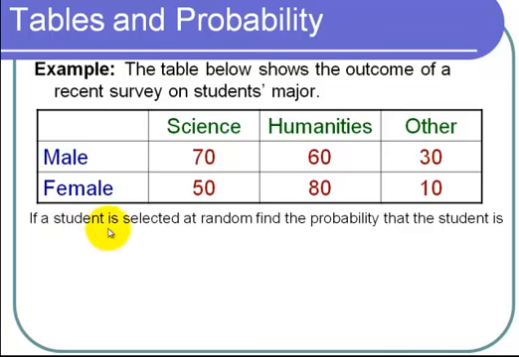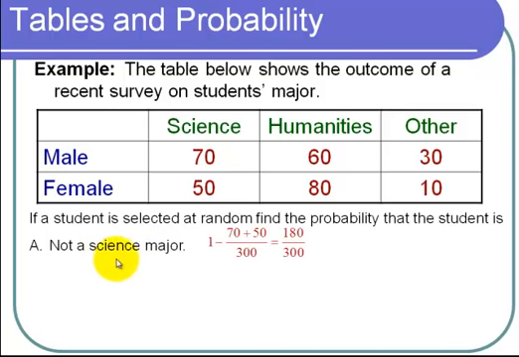So if a student is selected at random, find the probability that the student is, first, not a science major. Well, to find out the probability the student is not a science major, we can use the rule of complements. And we could say the probability that they're not a science major is 1 minus the probability that they are a science major.